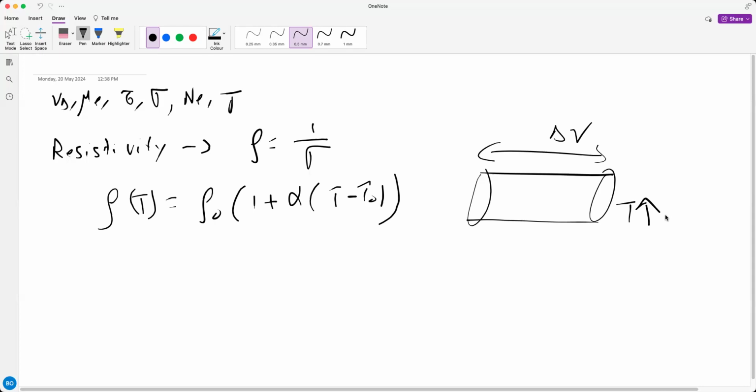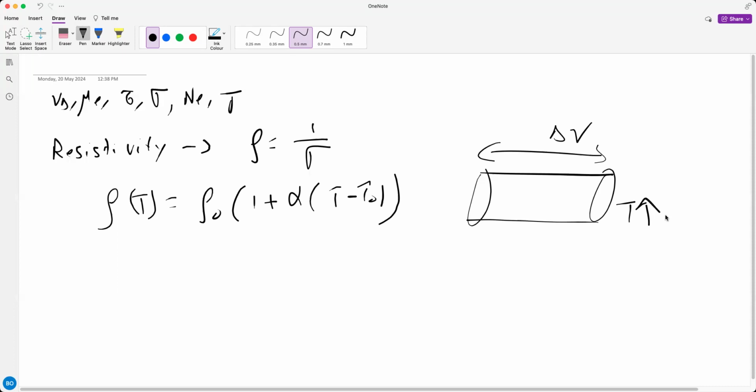Who can tell me? Ability of current flow. Exactly. So the ability to conduct current.